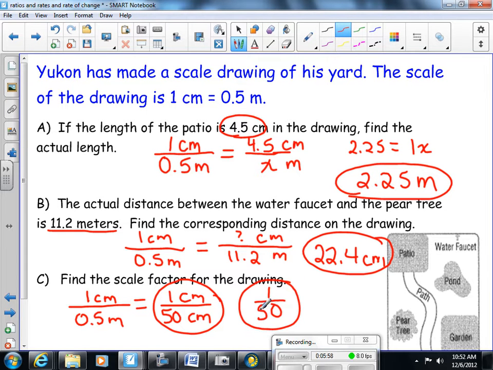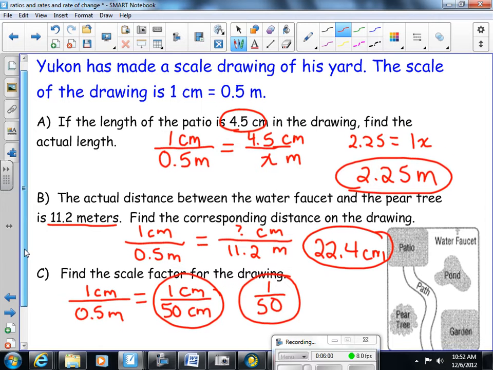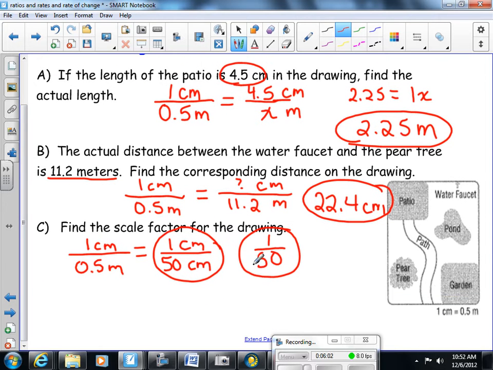Now if you were given some information, like in this problem, we were told that in the picture it's 22 4/10 centimeters, and in real life, the distance between the water faucet and the pear tree is 11 2/10 meters.